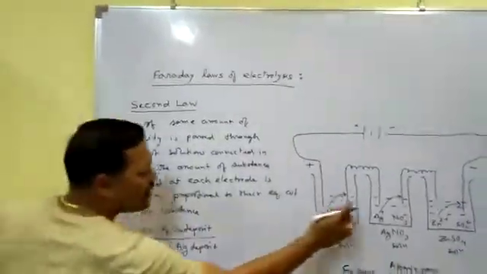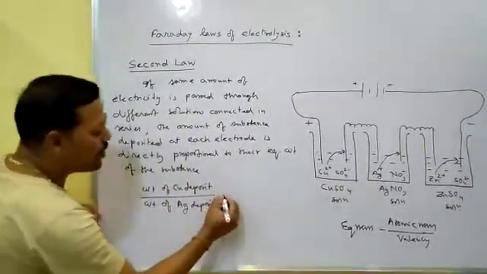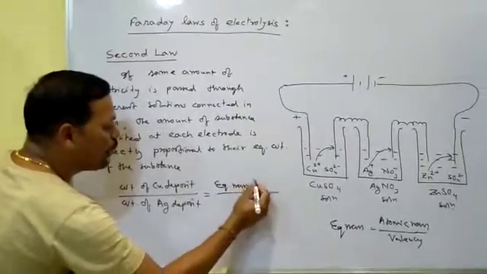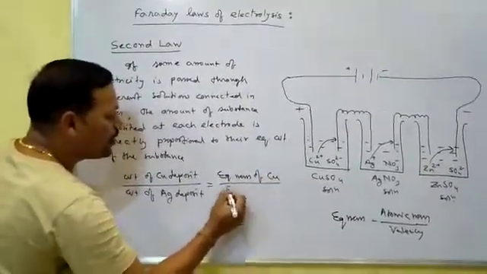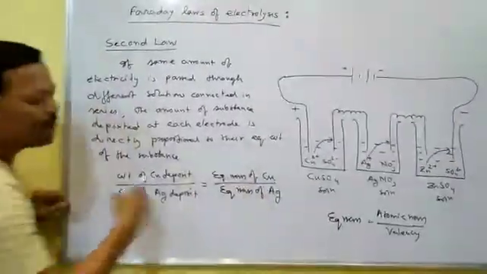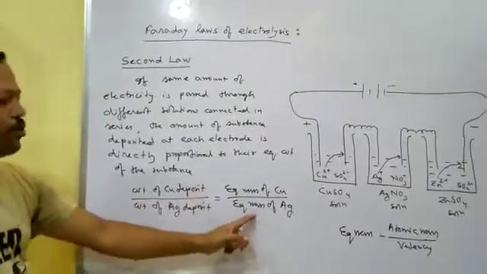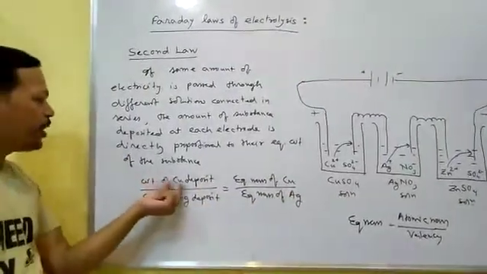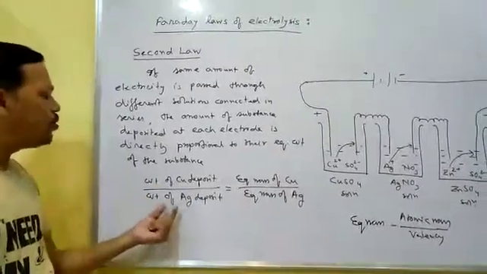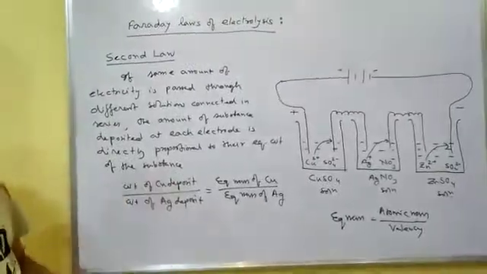If you compare these two, weight of copper deposit divided by weight of silver deposit is equivalent mass of copper divided by equivalent mass of silver. You can apply this formula. You can find out the equivalent mass of copper and of silver. If you know the weight of copper, then you can find out the weight of silver also. Similarly, if you know the weight of silver, then you can find out the weight of copper also.